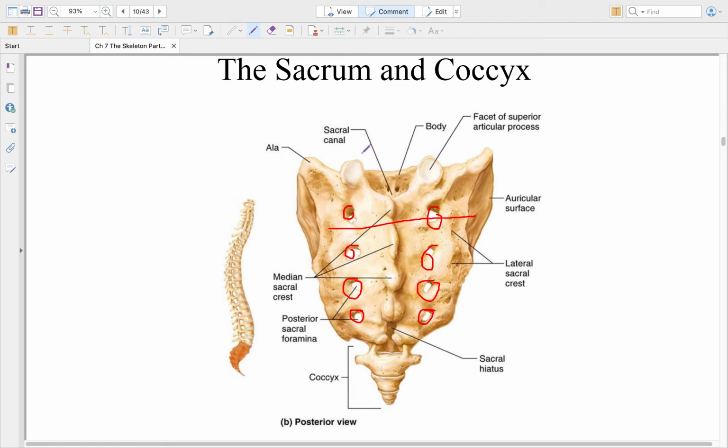All right, so let's take a look. All these little foramens are called the posterior sacral foramen. These little ridges that are sticking out, median sacral crest, sacral canal. Inside of there, this is the body.